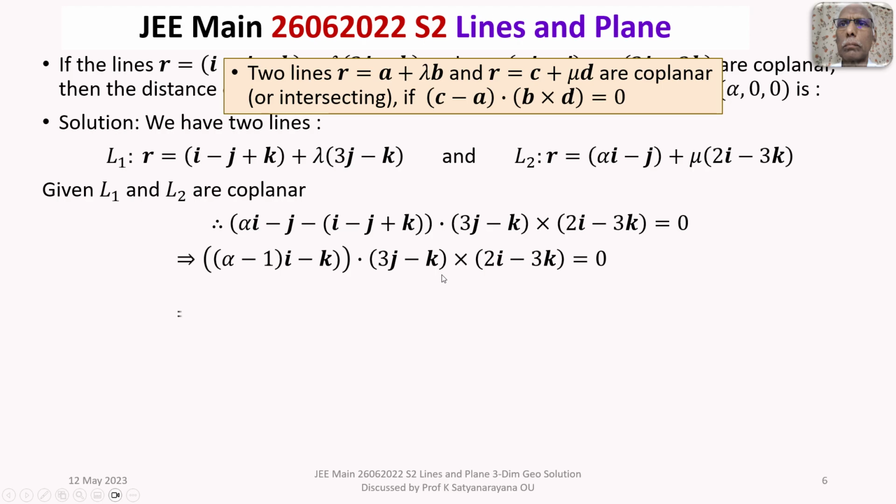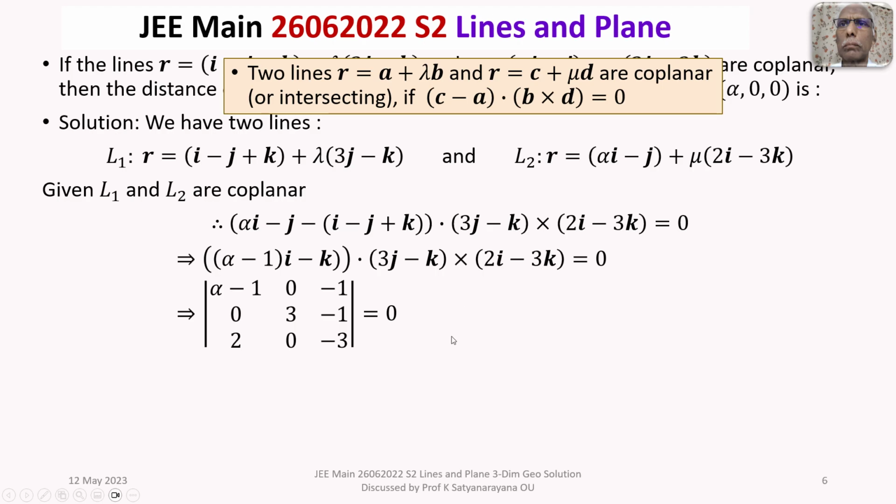the determinant notation. This is equal to the determinant of alpha minus 1, 0, minus 1, and the second row is the components of 3j minus k, that is 0, 3, minus 1. Third row 2, 0, minus 3, is equal to 0.